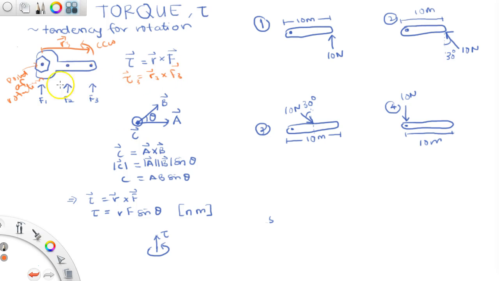Similarly, torque at point 1 is equal to distance at point 1 times force at point 1. But if you give a force at the point of rotation, you have no distance, so the torque is 0. That means the object will not rotate. Torque 0 means that this object will not rotate.